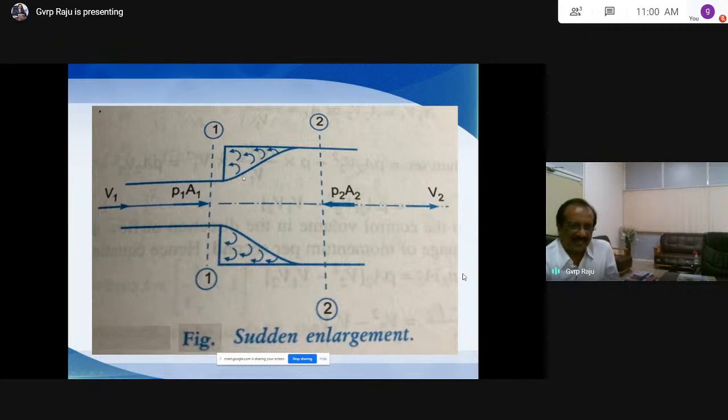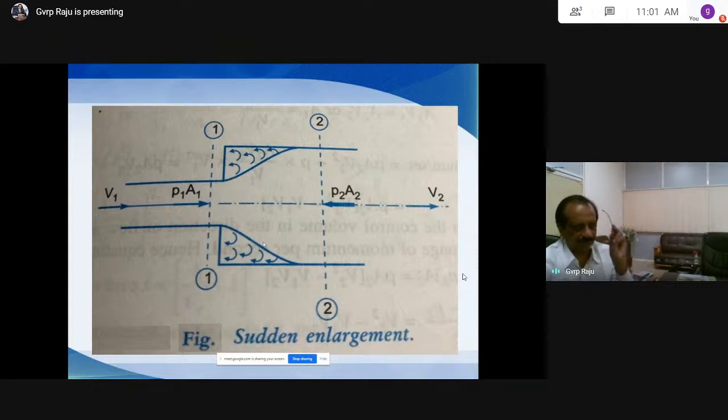So for this case, again apply Bernoulli's equation, and you can arrive at the equation. Whatever the derivations, normally they require the famous equations, Bernoulli's equation and continuity equation. So you can solve any problem of fluid flow if you know how to use Bernoulli's equation and continuity equation or discharge equation.